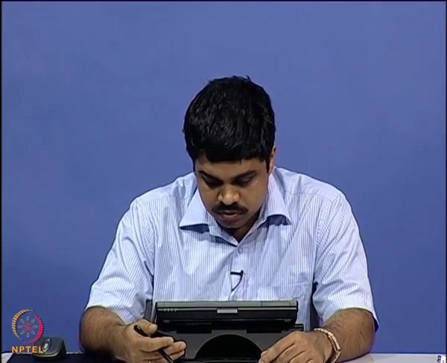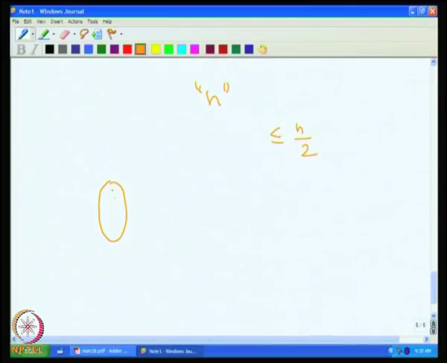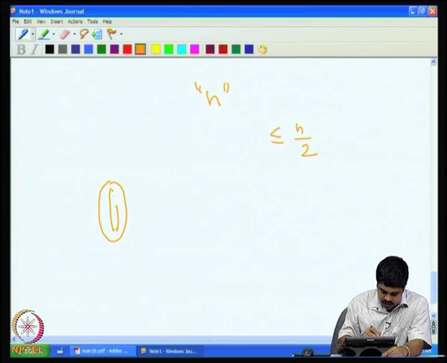Now, Roberts had shown that in fact you need only n by 2, extending the argument which we gave for this graph, the triangle.